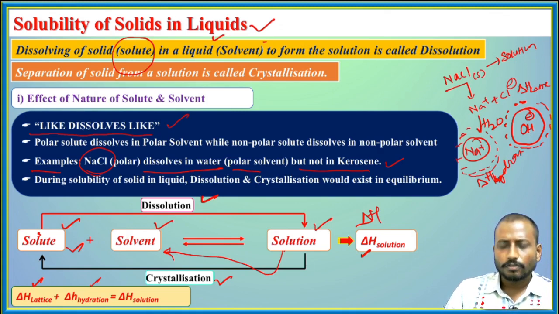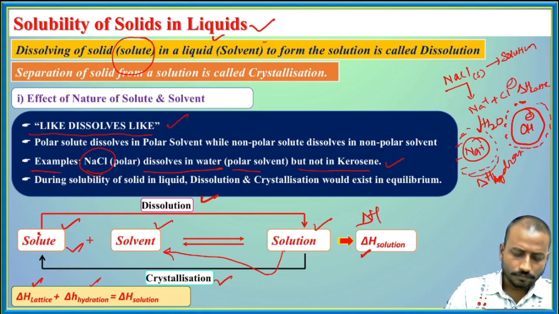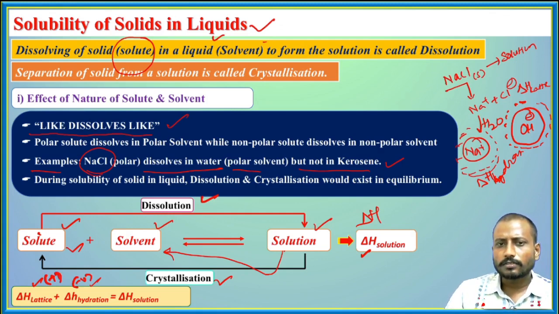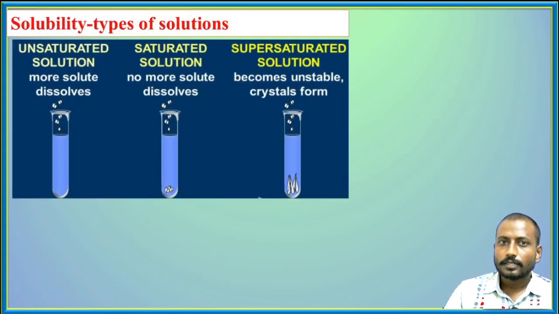Okay, so delta H hydration is a negative quantity, and delta H lattice is a positive quantity. Both negative and positive make the sum to give delta H solution. It may be positive, it may be negative. Okay, so let's move on to the next slide and check what would be there.